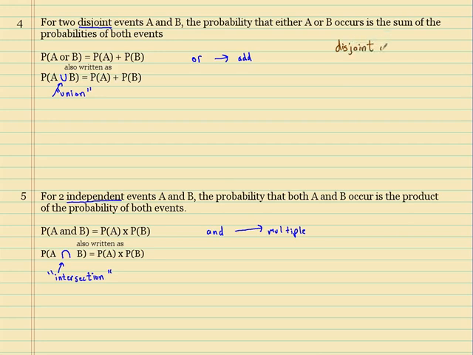Disjoint, or we also call it mutually exclusive. You must know both terms. They mean the same thing. This is when two events do not have any outcomes in common.